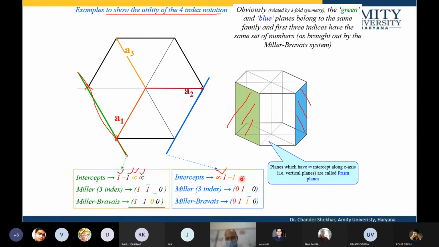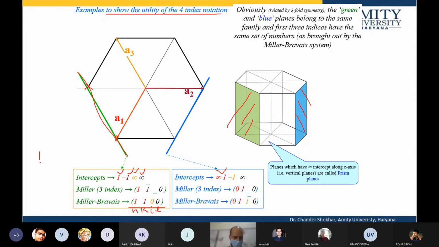And for C, or the L, it is horizontal, parallel to this one, and there's no intercept. And by taking the reciprocal, we can find out the Bravais indices. Suppose now this is H, K, I, and L.